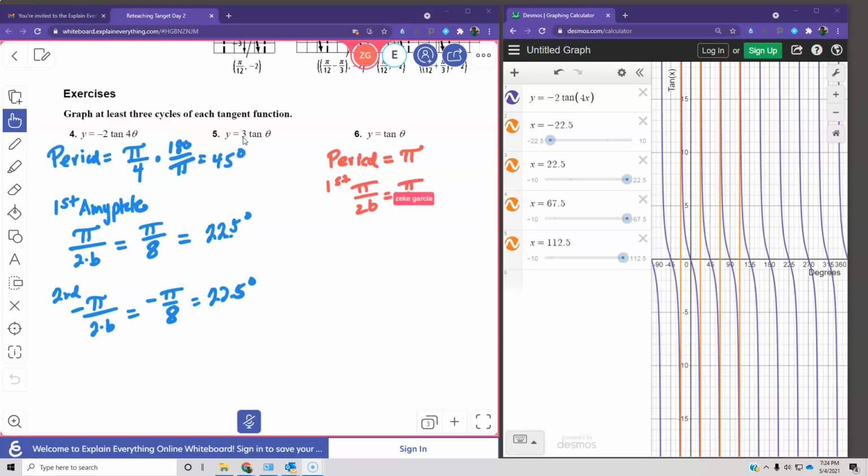In this case, it's going to be pi over 2. The second asymptote is negative pi over 2b. So it's negative pi over 2. And basically 5 and 6 are the same. And you're not going to notice any difference.